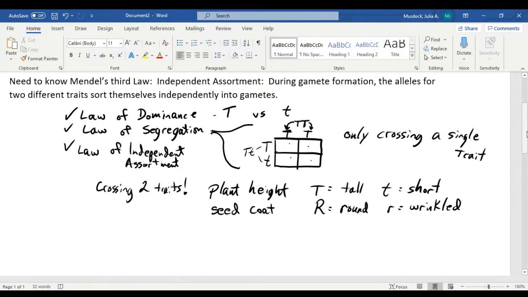So let's say, here's your cross, and as I do this, the law of independent assortment will be better explained. Here's your cross of two parents.